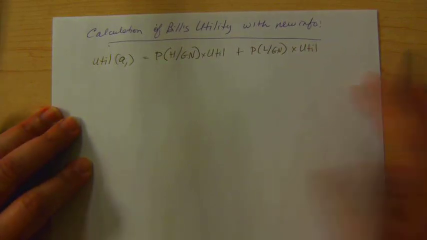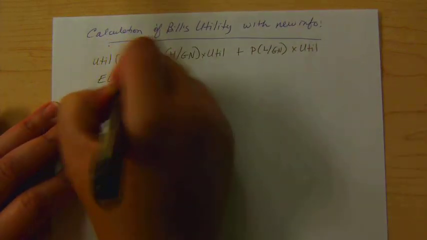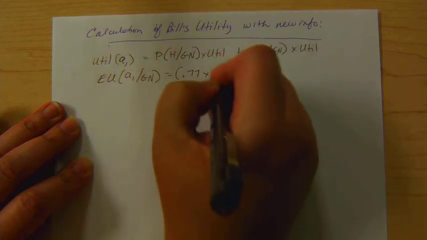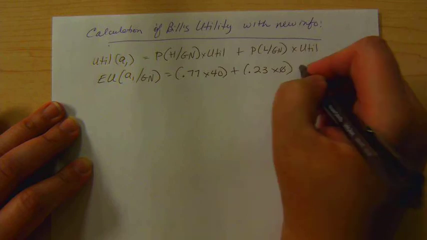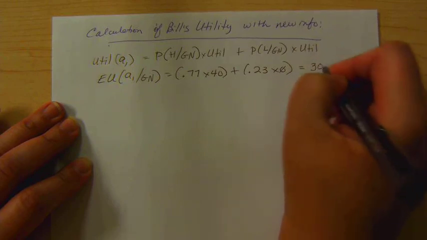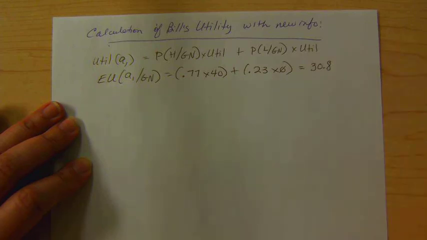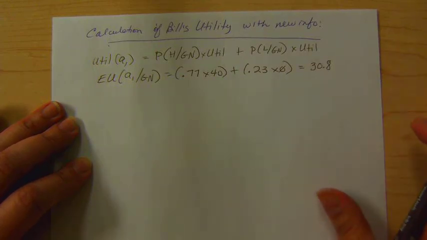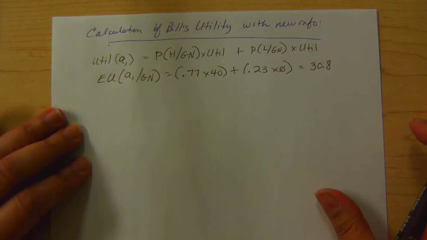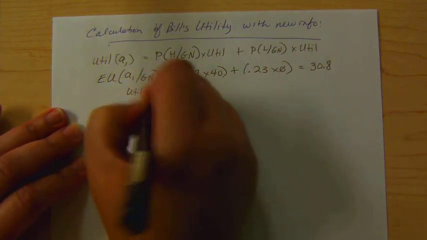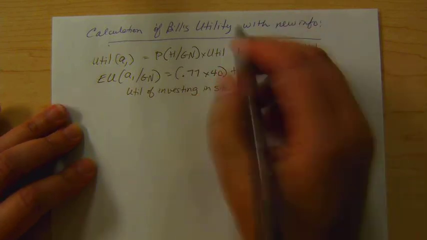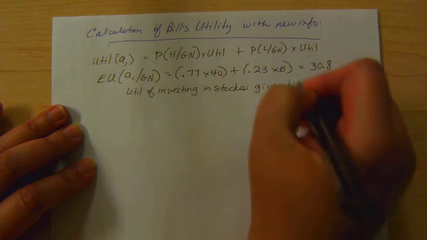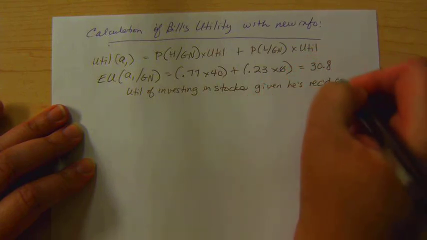So the expected utility of A1 given good news is 0.77 times 40 plus 0.23 times 0. And that's 30.8, I think. I don't think it's 308. Can't quite read that. So this is the utility of investing given he's received good news.